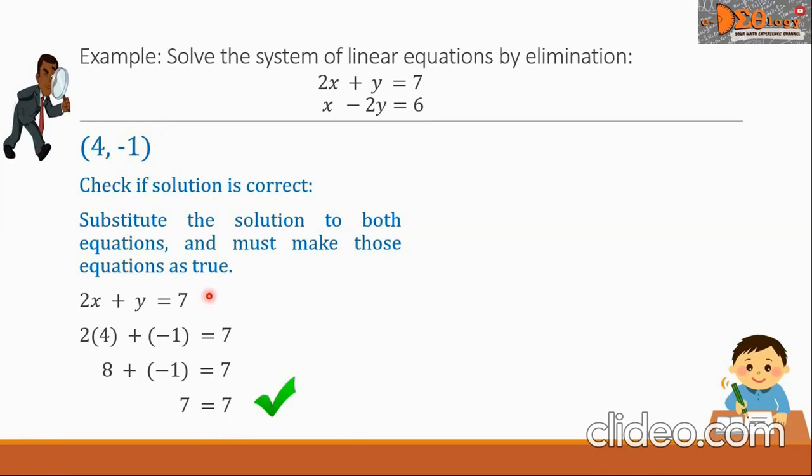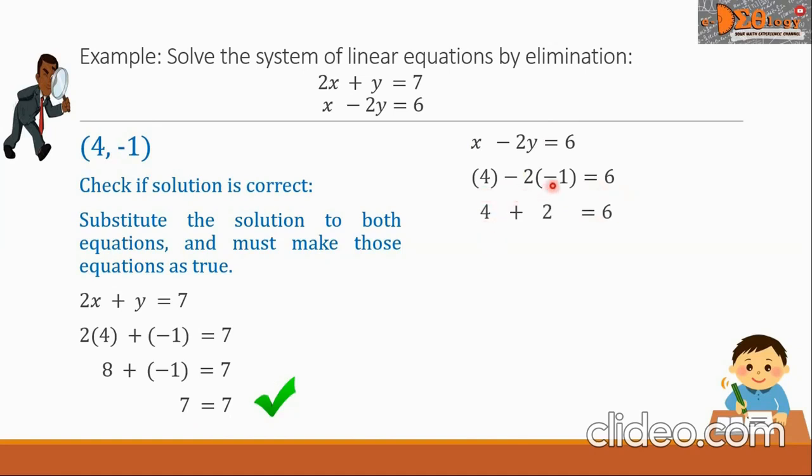Let's try the second equation, x minus 2y equals 6. Let us now substitute the values. So now the x becomes 4 and this y here becomes negative 1. So we have 4 minus 2 times negative 1 must be equal to 6. So this is now 4.